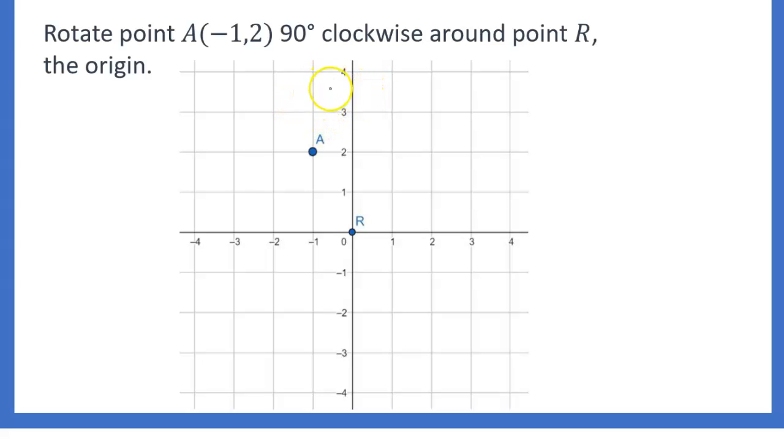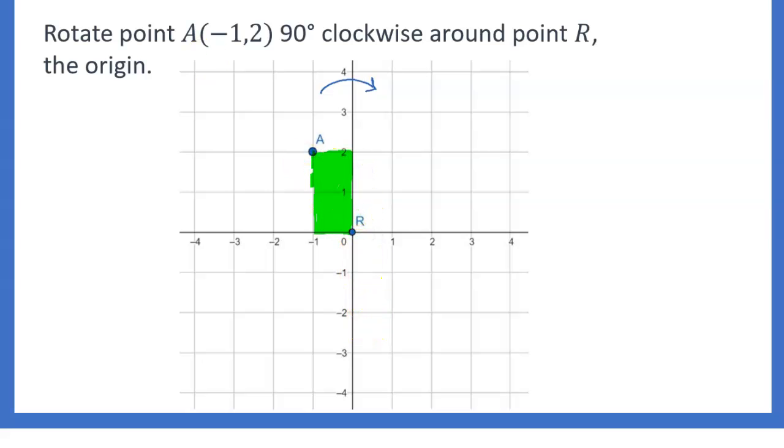All right, we are going clockwise, which means we're going from this quadrant to that one. If I draw in my rectangle here, we have 2 tall, 1 wide.